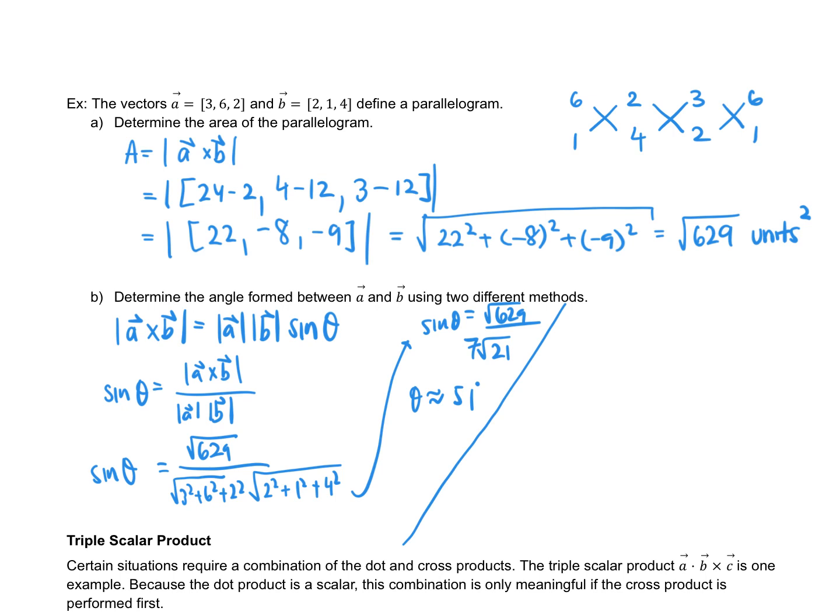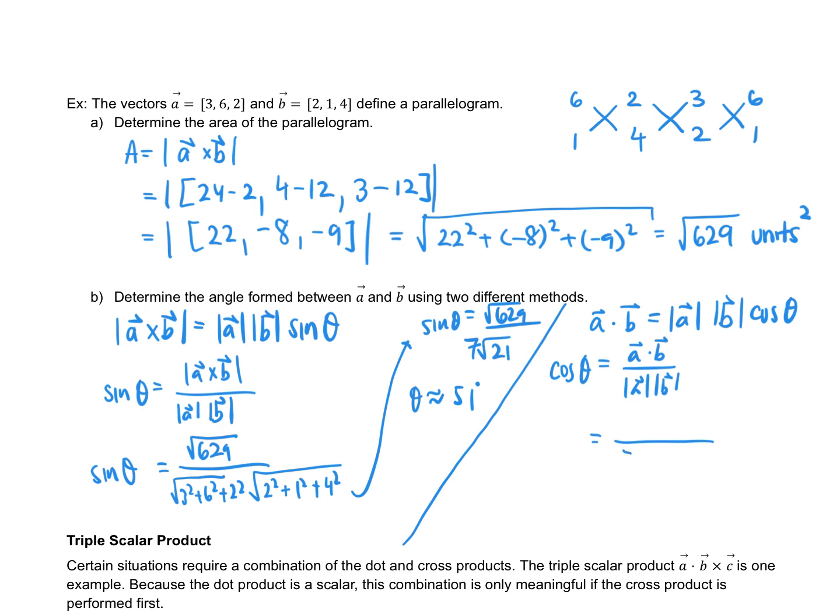But I can also use the dot product to find my angle because I know the following is true about the dot product: the dot product equals the magnitudes multiplied by cos of the angle, which means cos theta is the dot product divided by the magnitudes. And we already found the magnitudes.